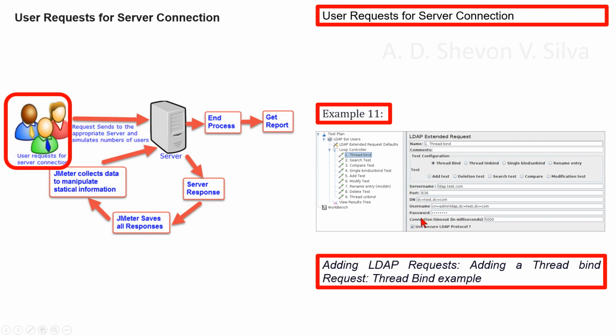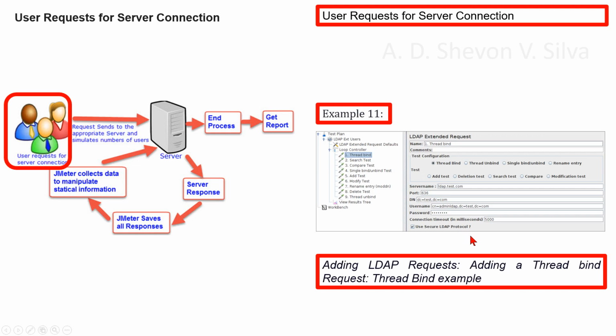Step 8, optional: enter the value for the connection timeout. Number 9, optional: check the box to use the secure LDAP protocol, if you access with LDAP over SSL, LDAPS.